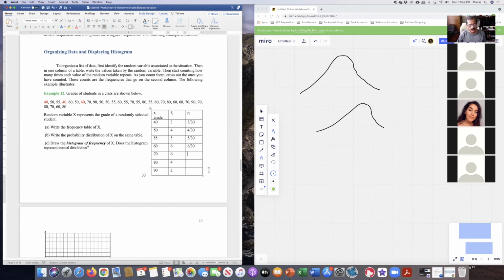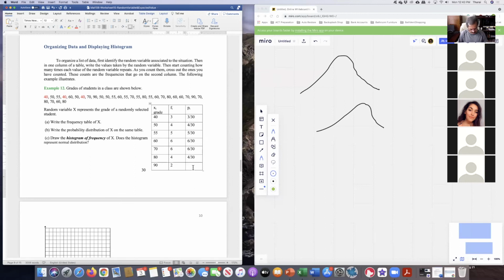When you're doing this for a histogram, it's easier if you keep them unreduced. 6 over 30 and 4 over 30. 2 over 30. Okay, so that's your probability distribution. So if they ask for the frequency distribution, it will be the second column. As for the probability distribution, that's your third column.